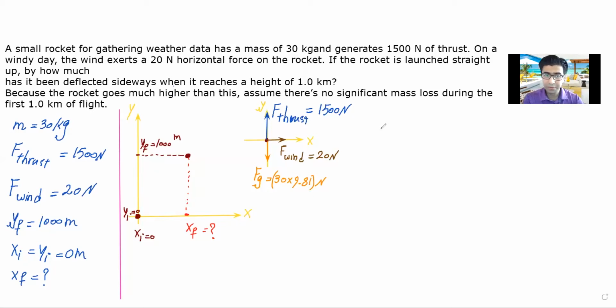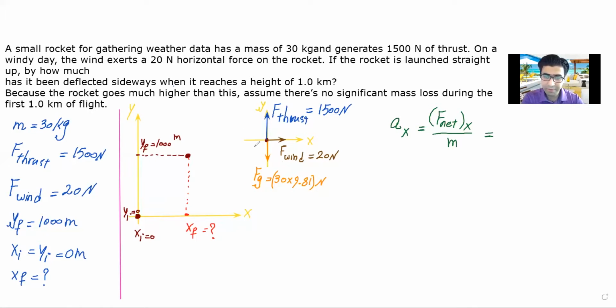So the next step is just writing down the formulas that we can use to get the answer. We have two types of formula. The first type is Newton's second law and also kinematic formulas. So Newton's second law says acceleration in x direction equals all forces, F net in x direction, over the mass.